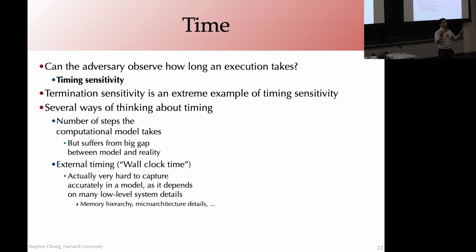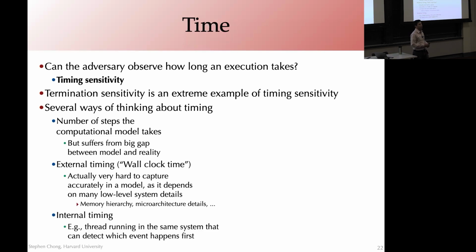That could perhaps be closer to reality, but to be honest with you, it's really hard to model accurately. It's hard to capture in a model all of the things that it depends on: the memory hierarchy, that is the many different layers of cache and how the cache operates, how different variables and memory locations are split into different cache lines, how the CPU might do its pipelining, how it might do speculative execution and branch prediction and so on.